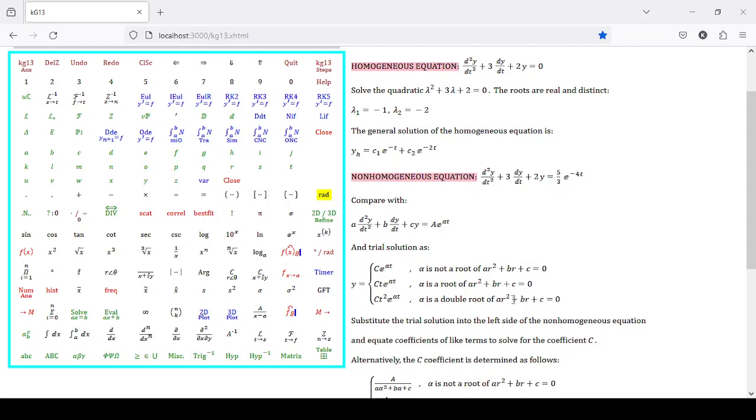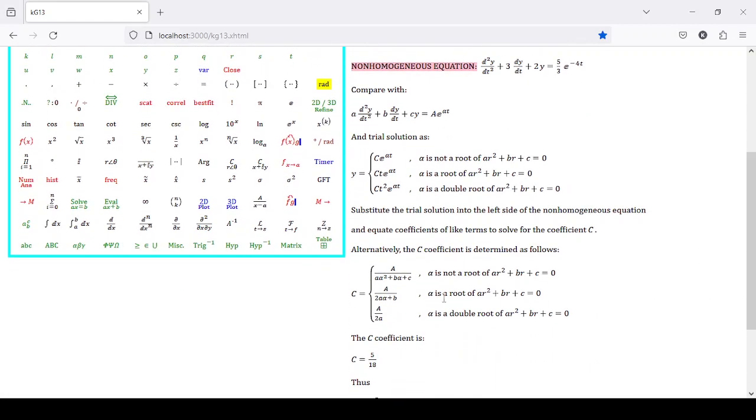Now there are basically 2 methods that we can use to find this coefficient, capital C. The first one is we substitute the trial solution into the left side of the non-homogeneous equation, and eventually we equate coefficients of like terms to solve for the coefficient capital C. Alternatively, the coefficient capital C can be calculated as follows.